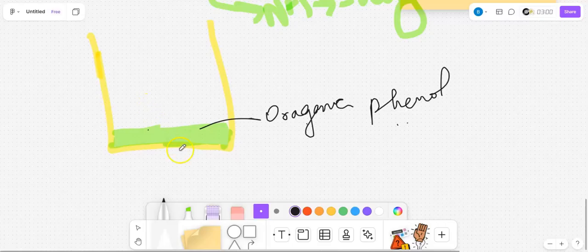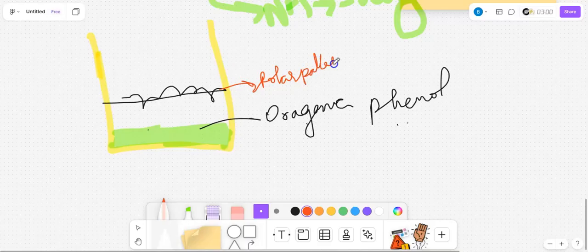Phenol and other debris దీంట్లో ఉంటాయి. దీనిపైన వచ్చేసి you will have an interface, which will separate polar and non-polar. ఇక్కడ నుంచి polar and non-polar compounds అయితే separate అవుతాయి అన్నమాట. Here is the separation. Polar part ఇక్కడ నుంచి start అవుతుంది.